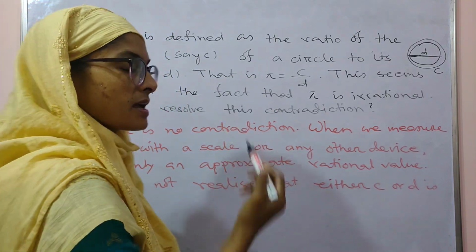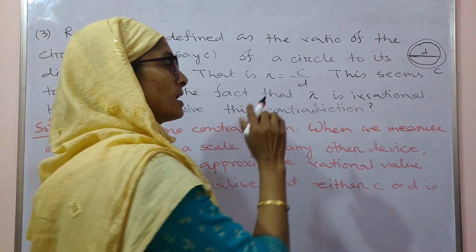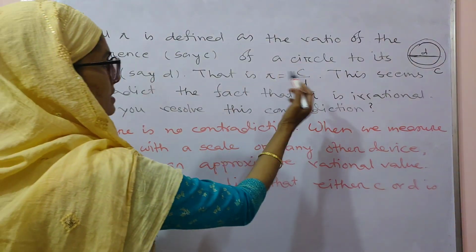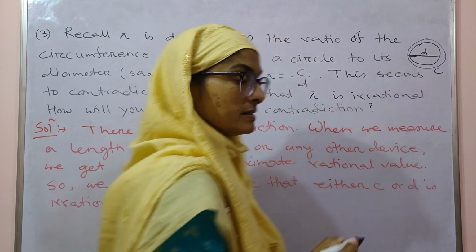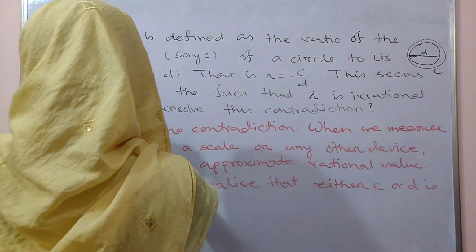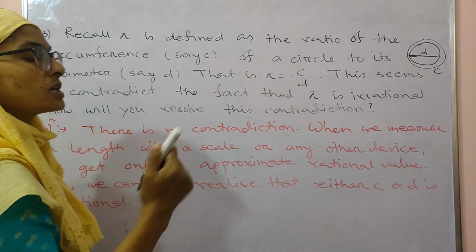You can try at your home. You can take various types of circles and then examine this. The answer is there is no contradiction.